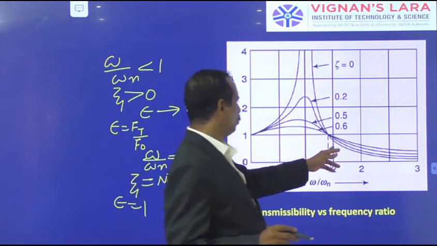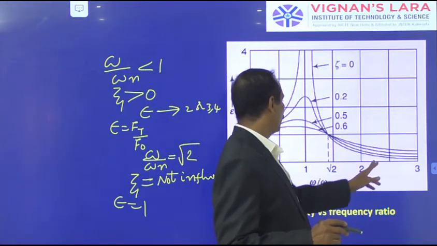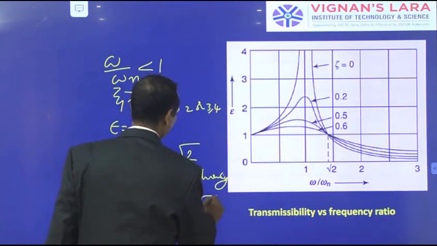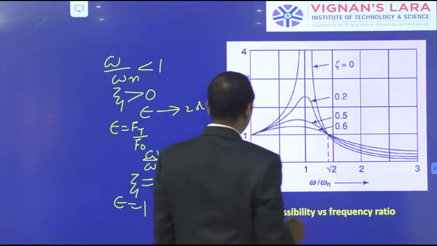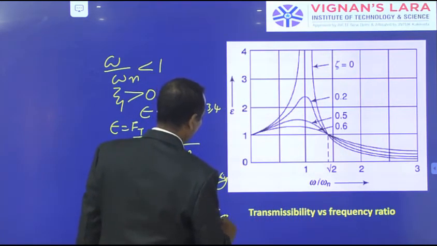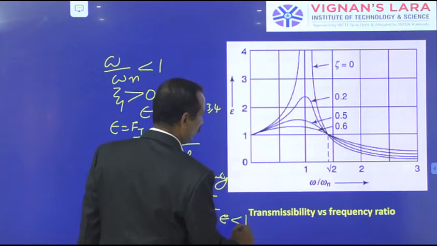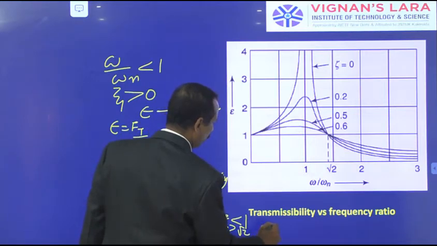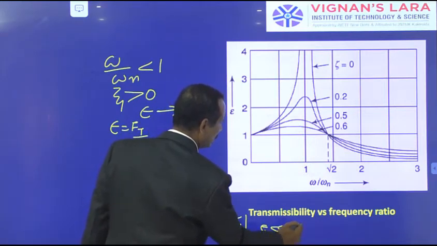So when is it possible? If I go for omega by omega n greater than root 2, then you can see my epsilon value is always less than 1. If I go more and more beyond root 2, my epsilon value is less than 1.